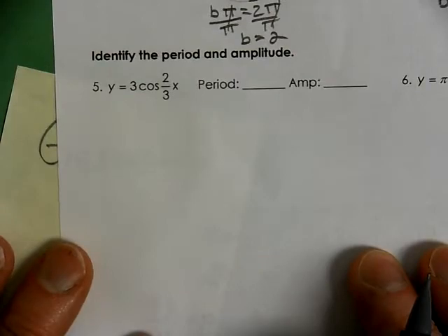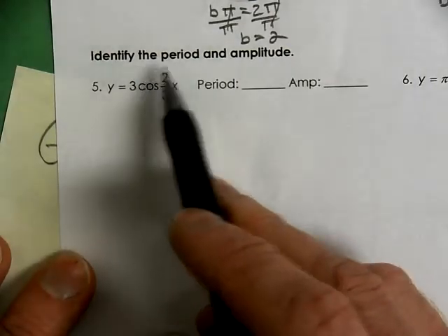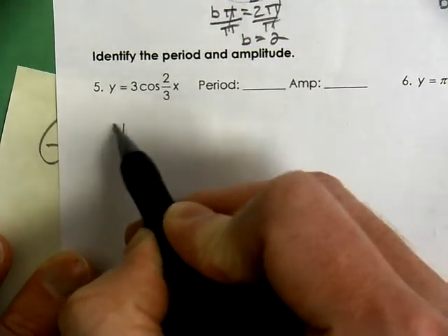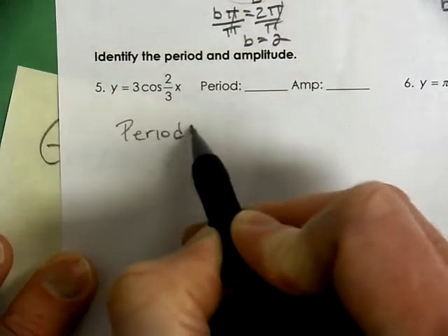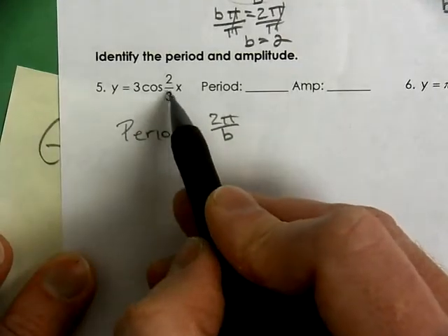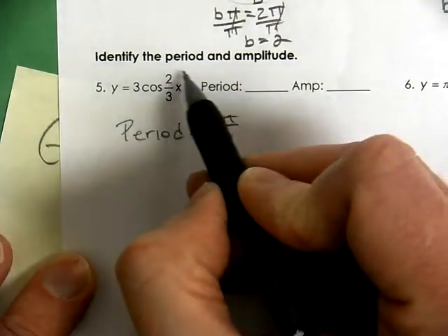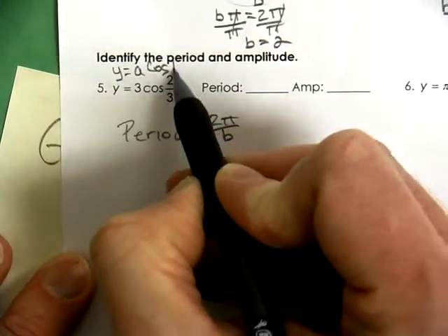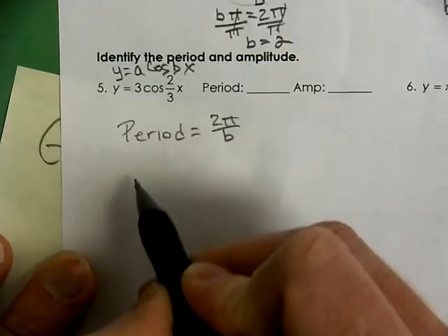So we come on over to question number 5. What's the period? Well, we're experts at that now. The period equals 2 pi divided by b. That's your b value. Y equals a cosine bx.